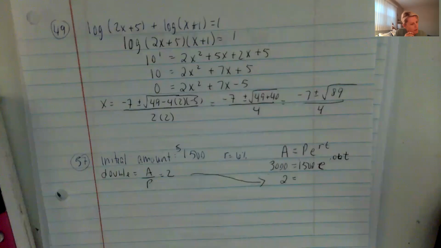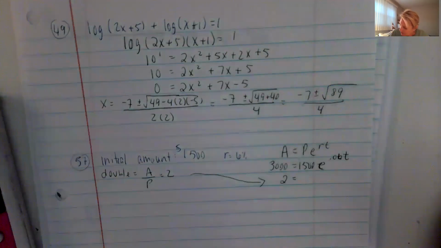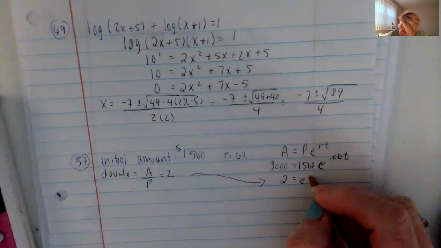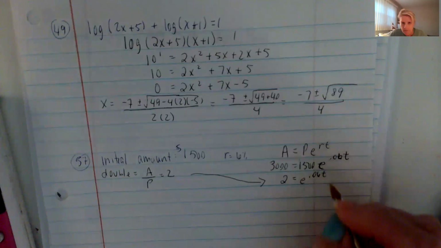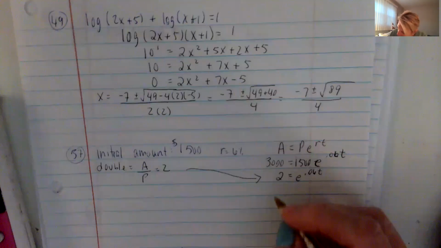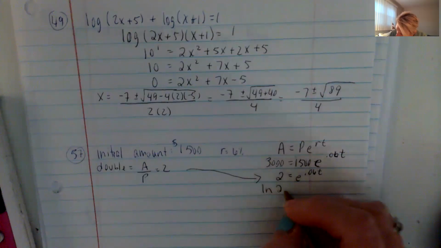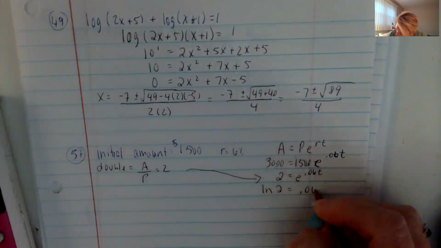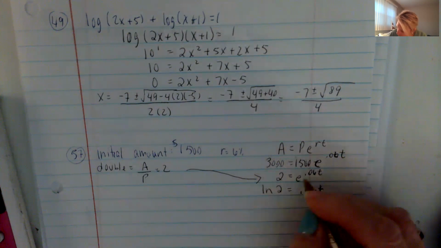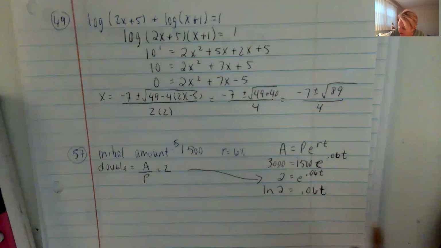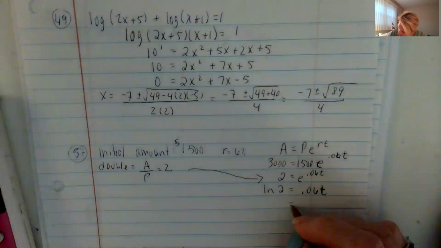So that's where the doubling comes into play. And then we get e to the 0.06t. And then if we take the natural log of both sides, the e goes away, and then we can divide by 0.06.